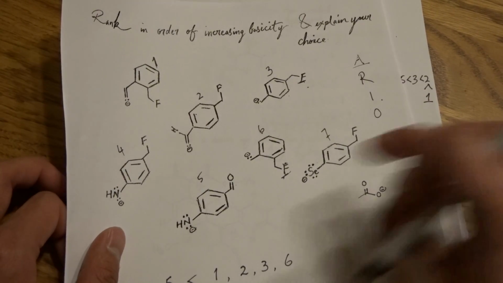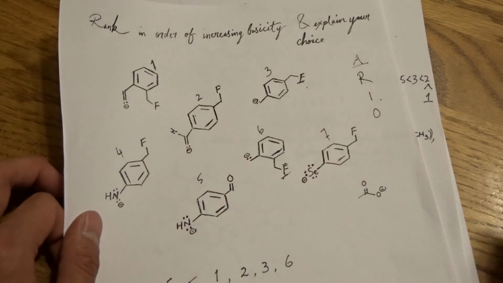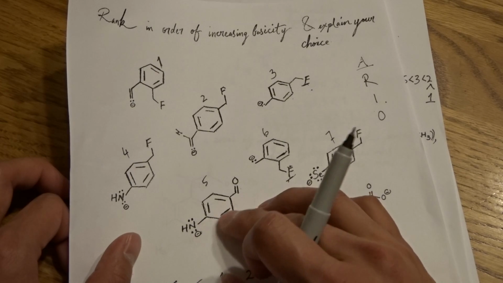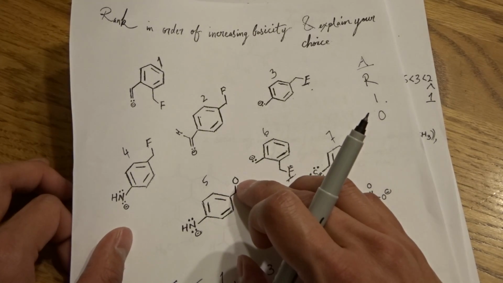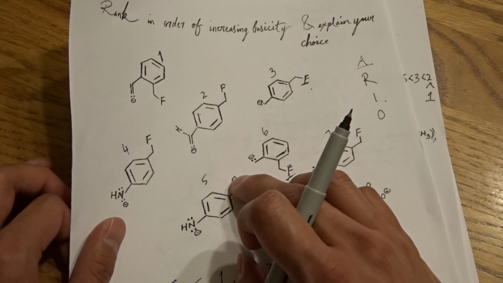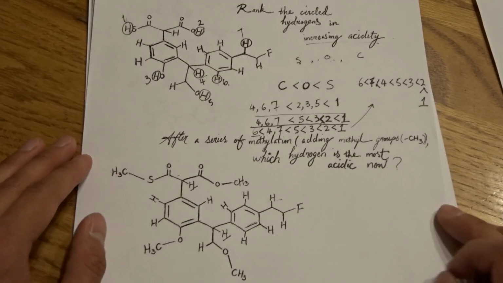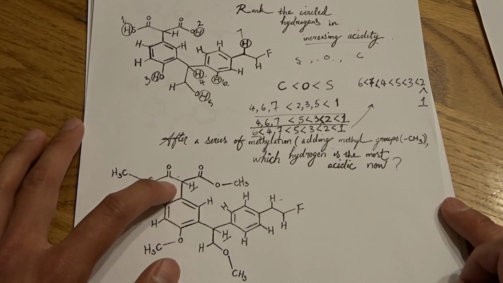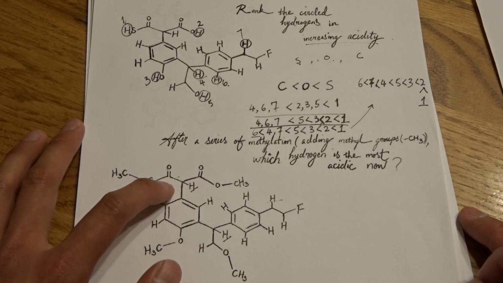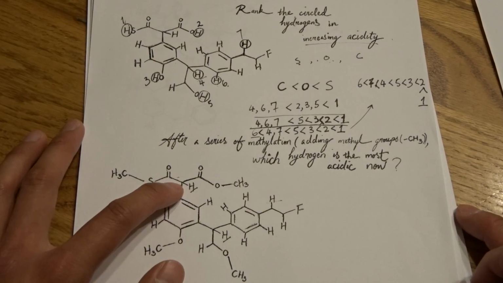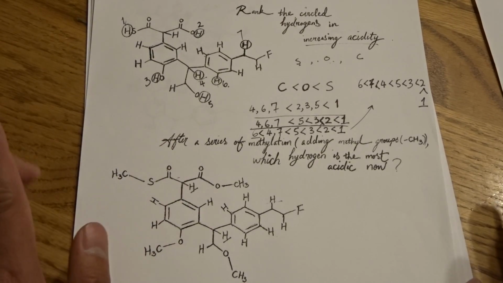First of all, this has more resonance structures than this one, and second of all, at the end it was able to resonate the negative charge up to an even more electronegative oxygen atom. That would make it even more stable. So here we have the same scenario. Not only can it resonate into the ring below it, but it is able to resonate up to 2 electronegative oxygens.